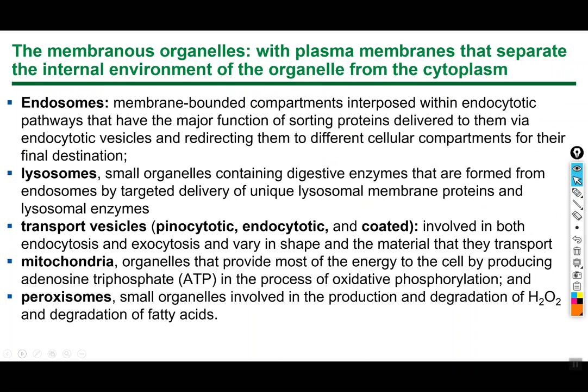Okay, here's some more membrane-enclosed structures. Endosomes. These are just membrane-bound compartments inside of the cell. They come off of the cell membrane, and basically, endo means inside and soma means body. So somes mean bodies. These are the result of endocytosis.